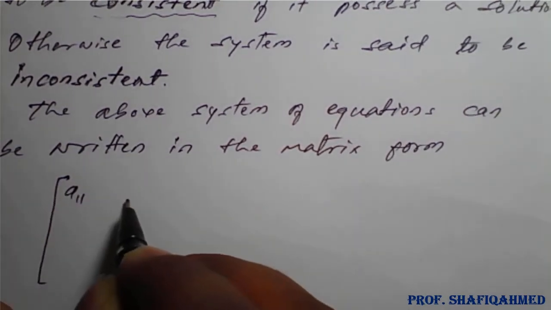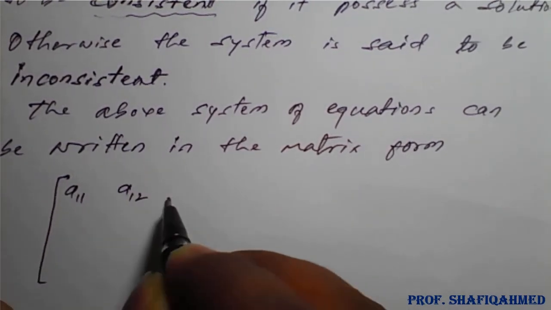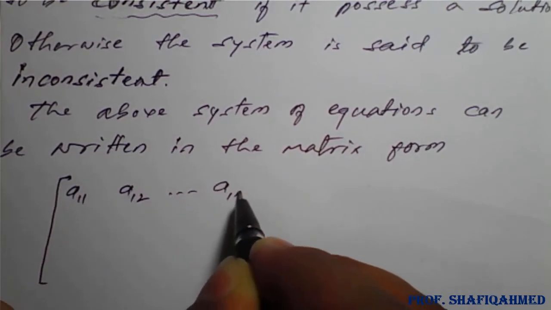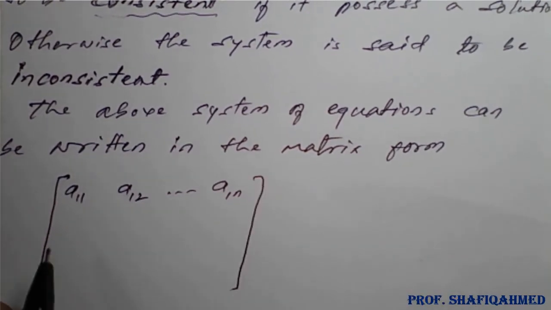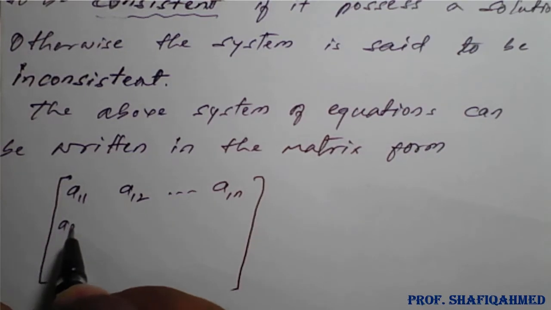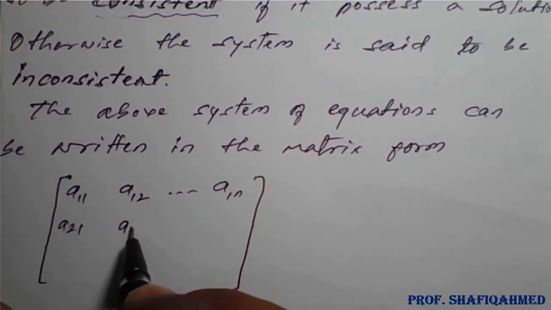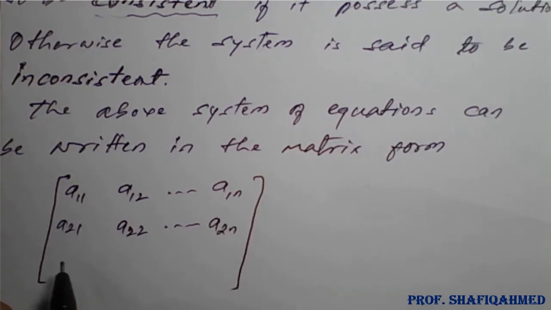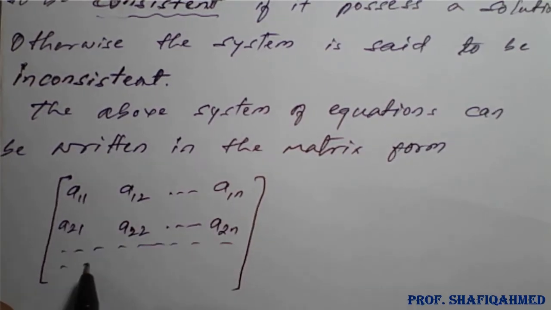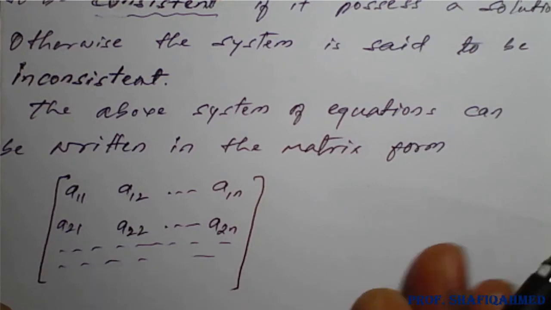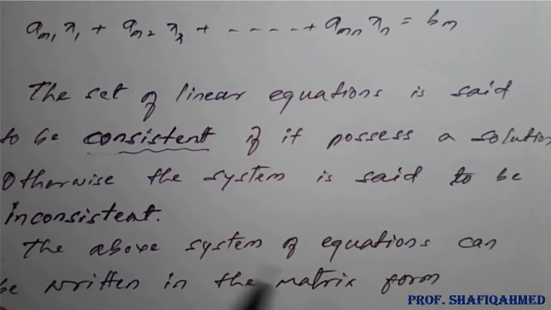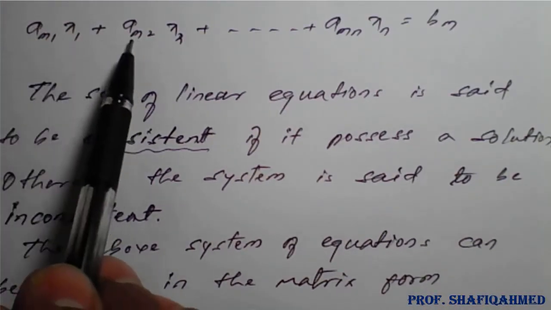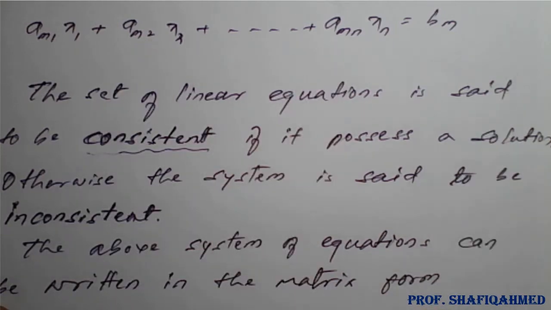The above equation can be written as the matrix with first row a11, a12, so on a1n. The second row elements are a21, a22, so on a2n. Similarly, the last row is am1, am2, so on amn.